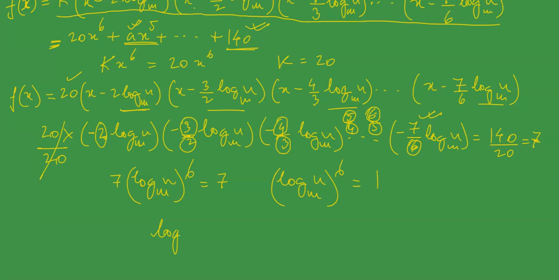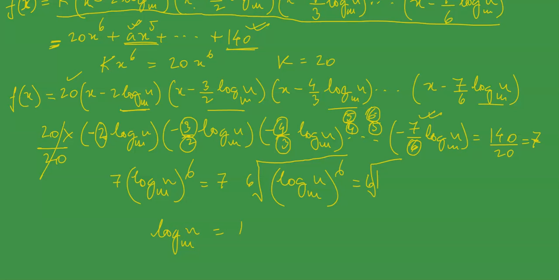We get log n to the base m is equal to the 6th root of 1, which is 1. Okay, and this is a logarithmic equation. Log n to the base m is equal to 1.